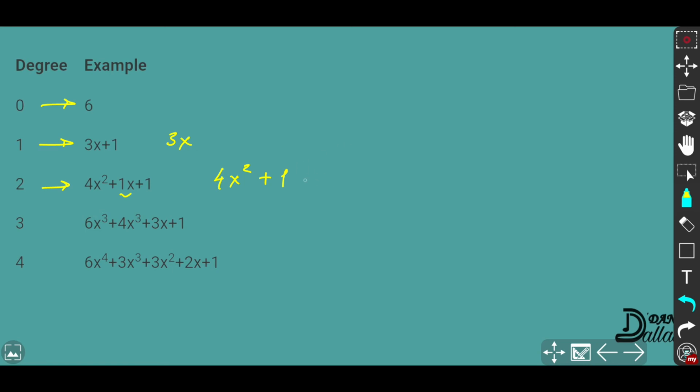So you actually skipped the middle term. According to standard form, if you want to write all the terms, you need to write 4x squared plus 0 times x, that's the middle term, which is absent in our case, plus 1. So this is still a polynomial of power 2, except I just changed the coefficient of x to 0. And as you understand, the result of this multiplication is just 0. You'll get 4x squared plus 1, and so on, okay?